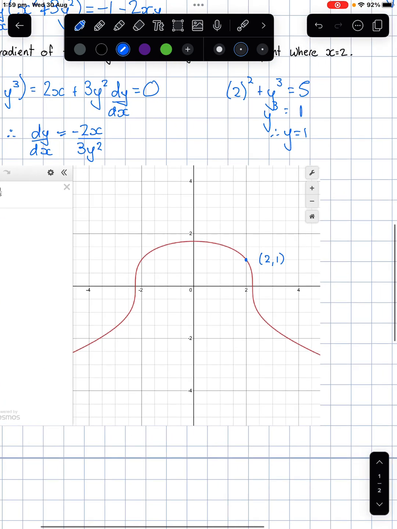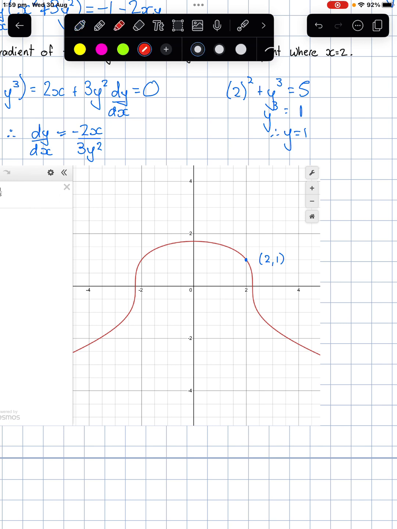Now, it said we're looking for the equation of the tangent. So now we've got our x and our y value. We know that at this point here, x is 2 and y is 1. That means we can use our derivative function. I'm just going to put a straight line here. Okay, so not quite hitting as a tangent there.